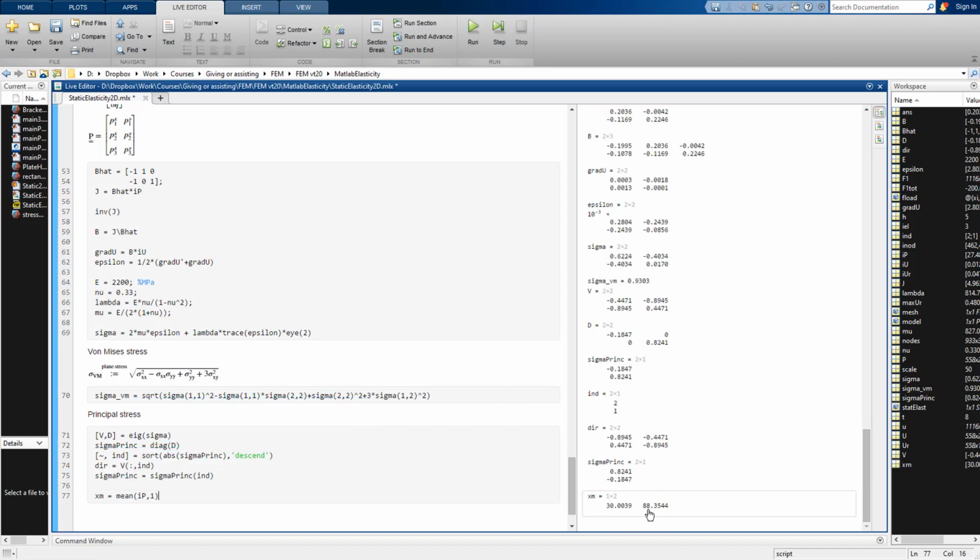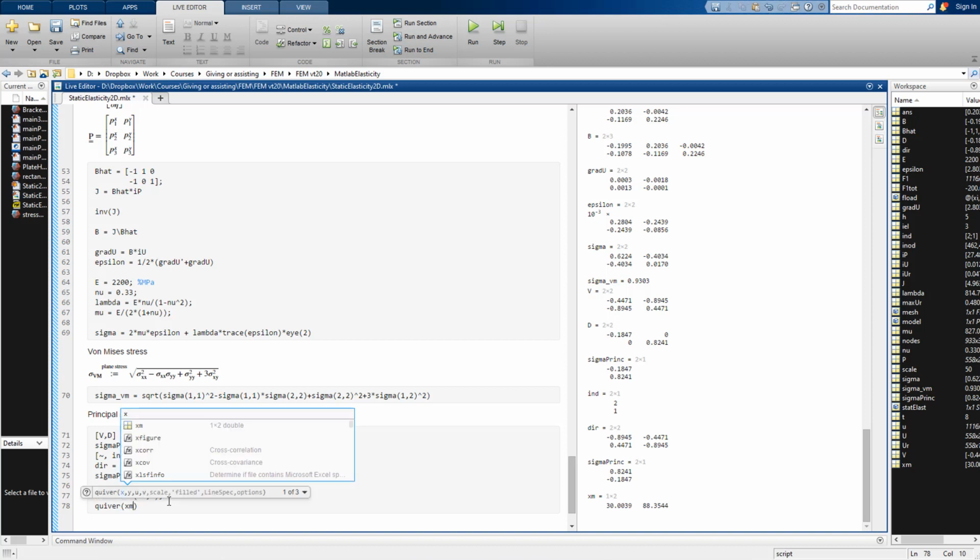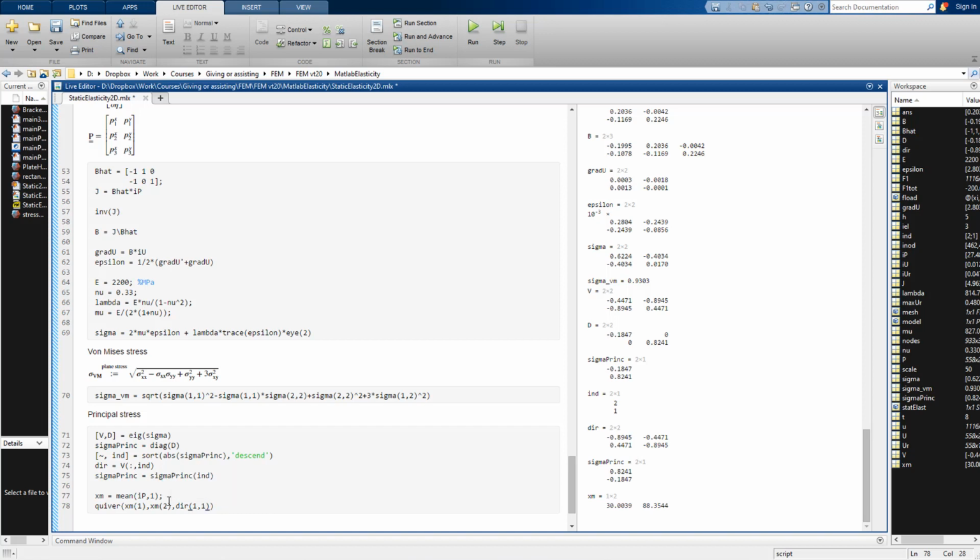This is the midpoint, X and Y. And I can do a quiver in the XM1 and XM2, so this is my X and Y point, and then our direction is going to be dir 1 1, that's the first component, and dir 2 1 is our second component.